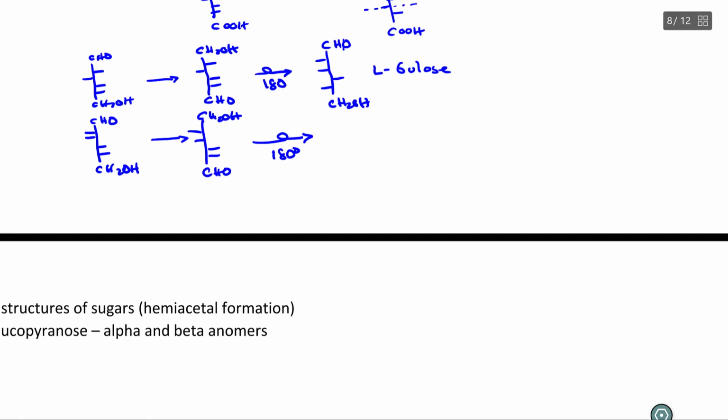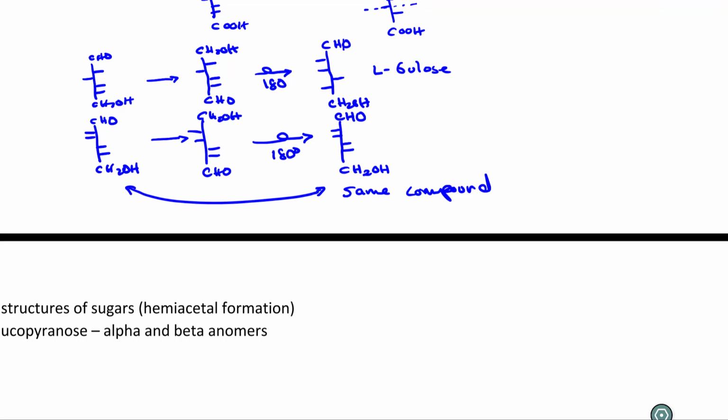Right? And Fischer used this reasoning as well. All you get is this. And these two compounds are the same. So in fact, the way Fischer determined the structure of glucose was to show that when you do the interchange of functional groups on one candidate, you end up with the same compound, while on the other you end up with a different compound.